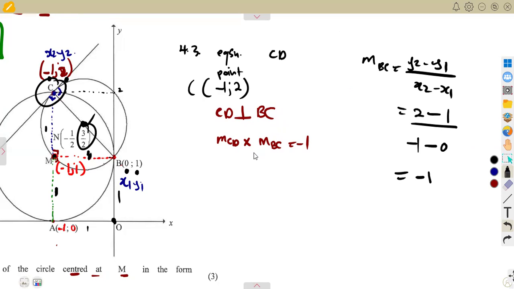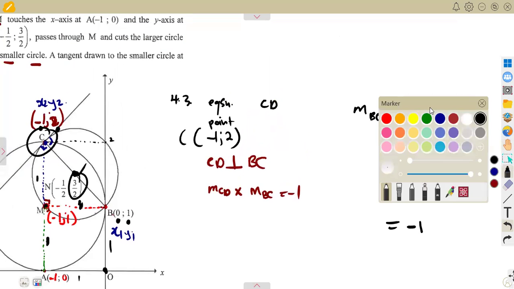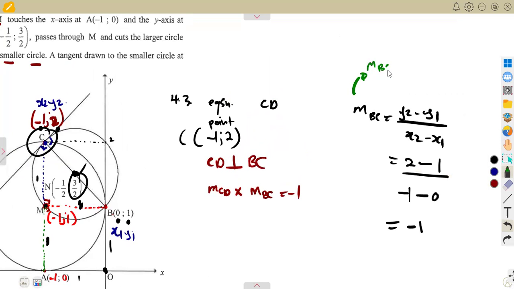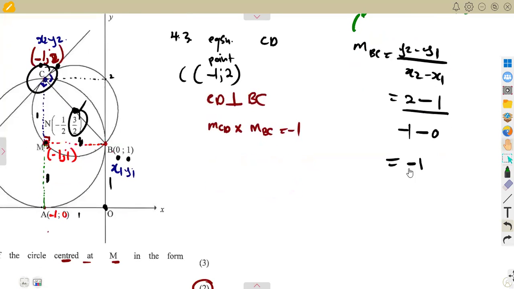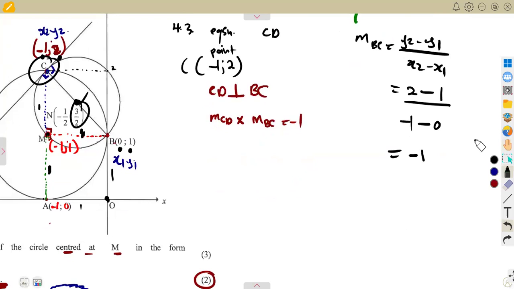The gradient of BC is the same as the gradient from C to N, the same as the gradient from C to B. So let me just write it here from the collinear concept: the gradient of BC, the one that we calculated, is equal to the gradient from C to N, which is equal to the gradient from N to B. From which concept? The collinear concept. Same gradient, so choose whatever you understand. Still, you're going to have the same thing.